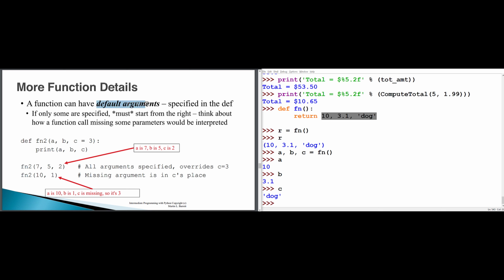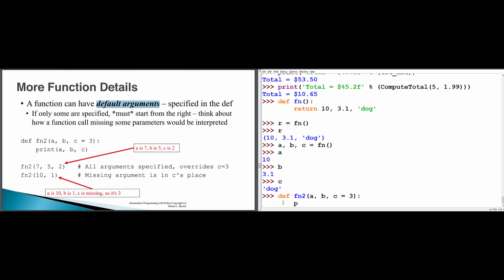It's also possible when you define a function for the function to have so-called default arguments. Here, in this example, I'm saying define fn2 to have 2 positional parameters and 1 so-called keyword parameter, which has a default argument value of 3.